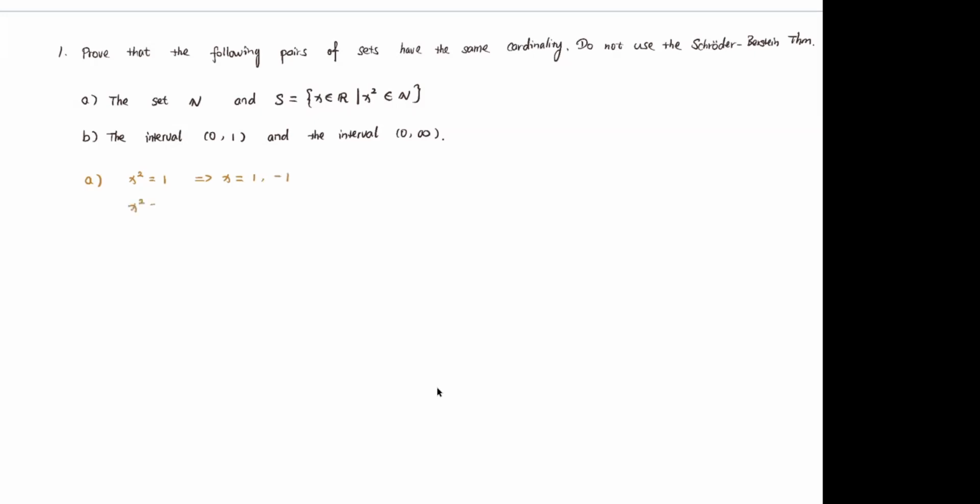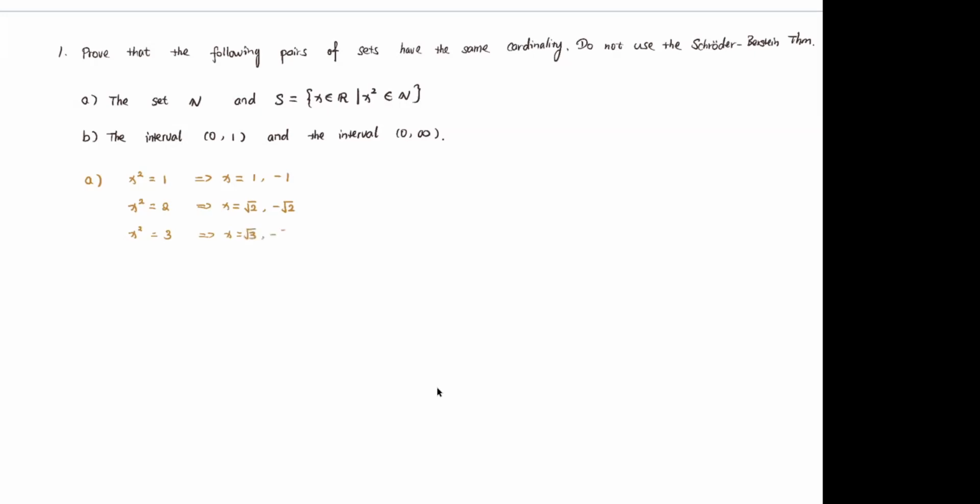x squared equals 2. What do we have for x? Square root of 2. Anything else? Negative square root of 2, exactly. Okay, and when x squared equals 3, what can your x be?